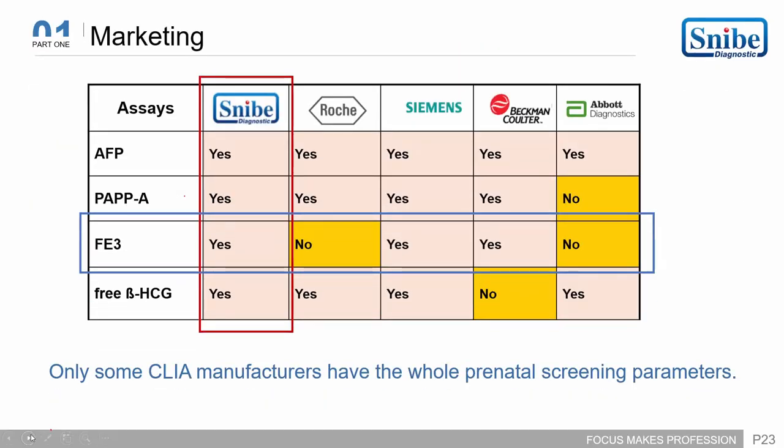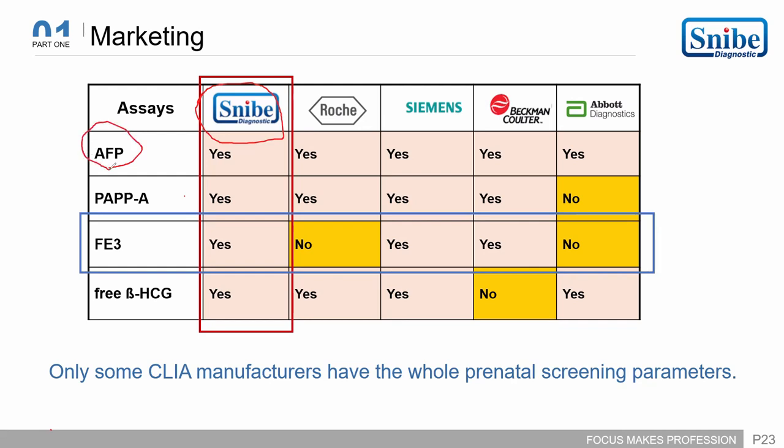Now let's look at the solution that SNIBE has provided on our platform. Unlike other competitors, who do not have a comprehensive menu for prenatal screening, only SNIBE has given a one-window solution for these assays.